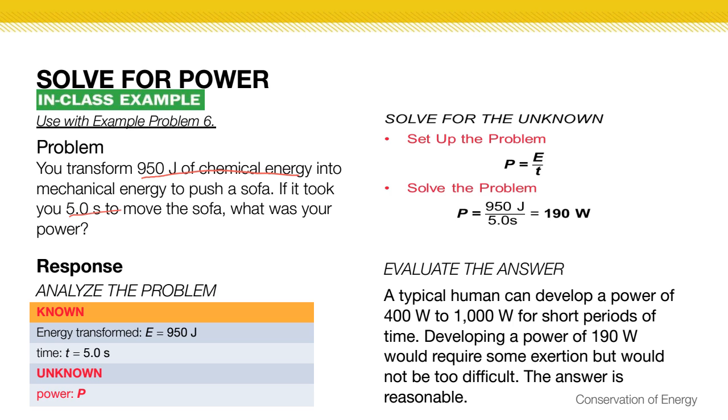And it's asking, what was your power? Remember, when it comes to these word problems in math and science, you always want to remind yourself, what is it asking you? So power is energy over time. Our energy is 950 joules. Our time is 5 seconds. 950 divided by 5 will give you 190. And remember, the unit for power is watts.